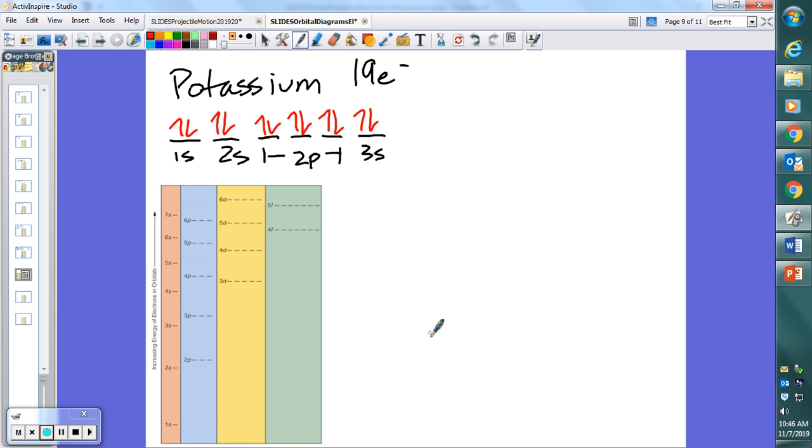Okay? So then, next one on the chart that you come across is 3p, as you're moving up from bottom to top. Okay? Nope, 3p, sorry. 13, 14, 15, 16, 17, 18.